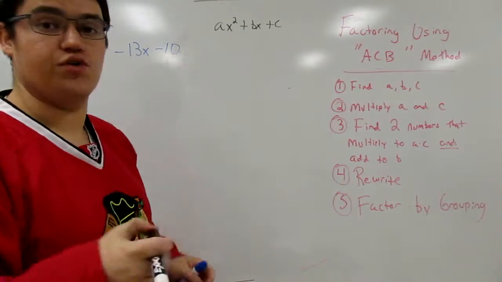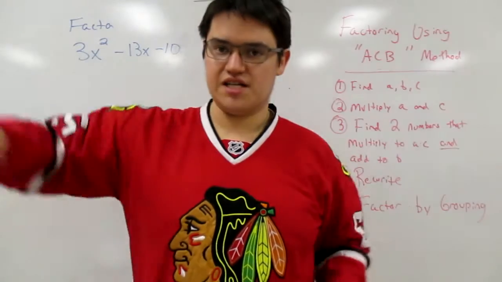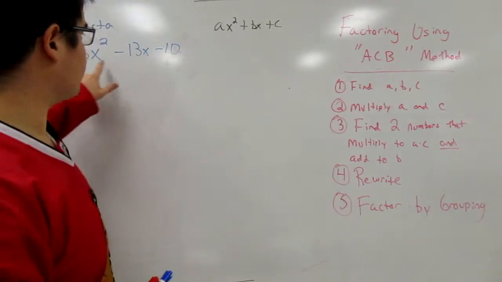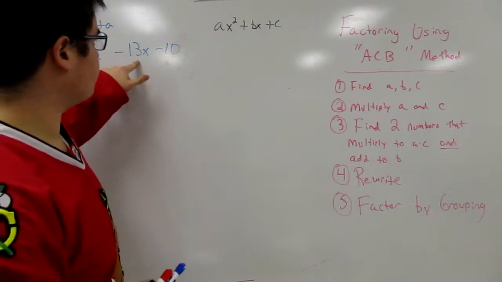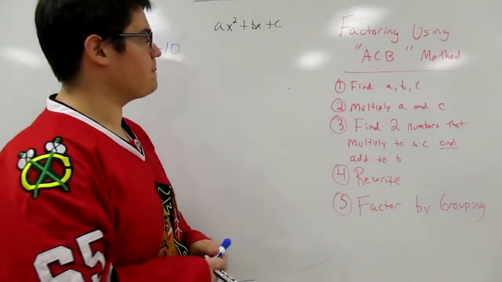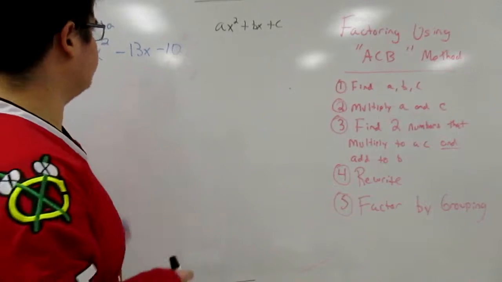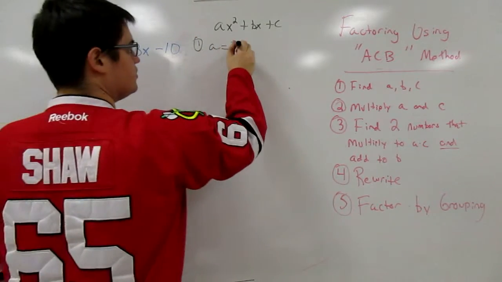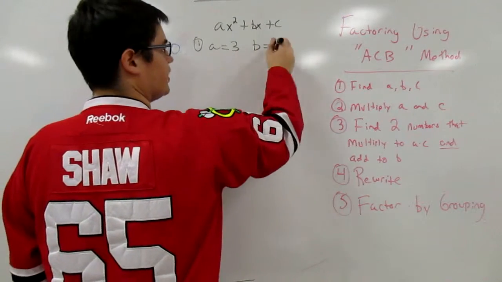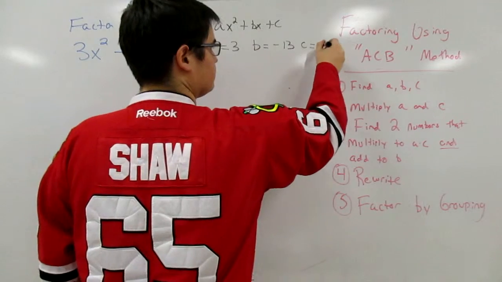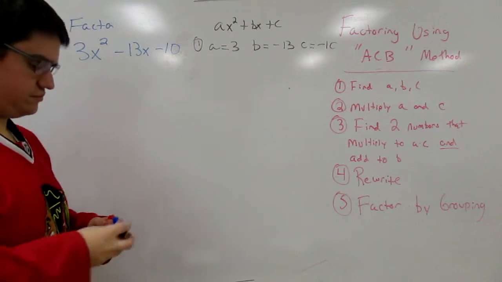If you do have an equation, you have some on one side, some on the other, bring them all to the same side. The a term is always with x squared, b is always with x, and c is the one without a variable on it, the constant. So in this case, step 1, a is going to equal 3, b is going to equal negative 13, and c will equal negative 10. Don't forget the negative signs.